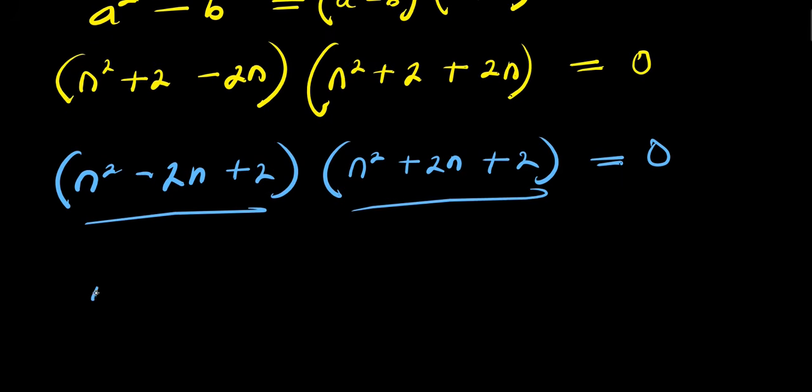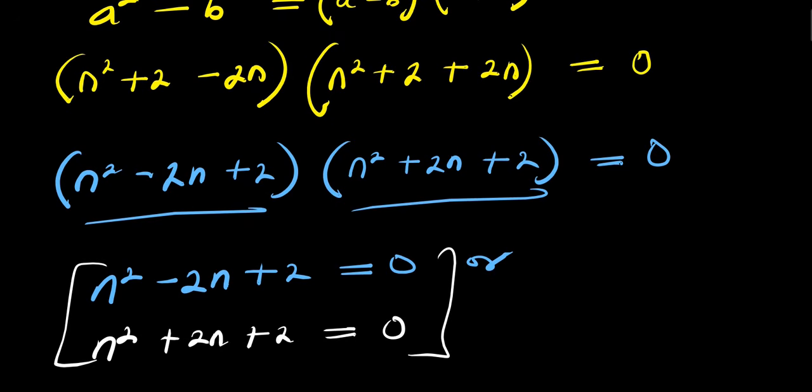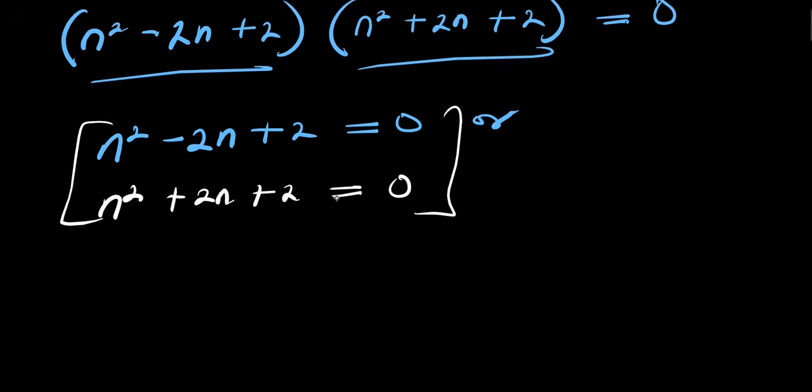We have the first one, n squared minus 2n plus 2 equals 0, or we have the second one, which is n squared plus 2n plus 2 equals 0. So these are two quadratic equations that we are going to solve for the values of n.